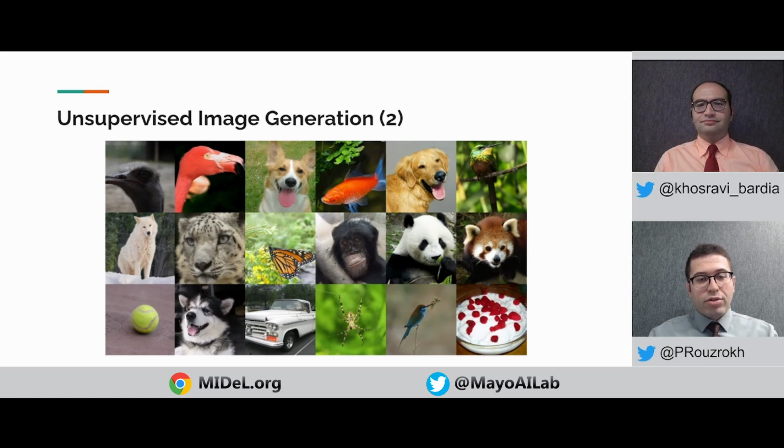And again, I should emphasize that this is only the first generation of DDPMs. We definitely should wait for the upgraded models to come. But even first generations can create images as realistic as these ones we are seeing here. And of course, the example that Bardia talked about in the beginning of this presentation is also a very good example of how unsupervised image generation can happen using DDPMs.